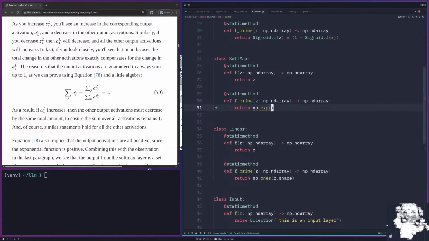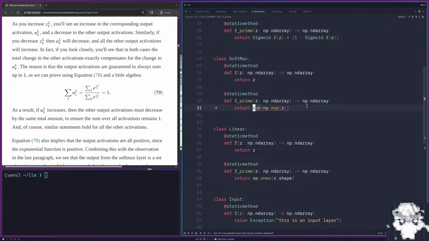np.exp. Because the denominator is the sum of taking the exponential on everything. What's wrong with this?